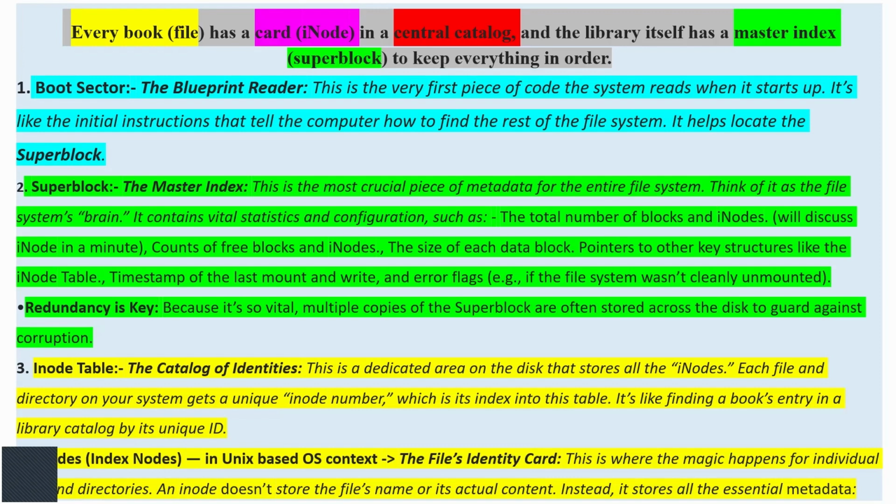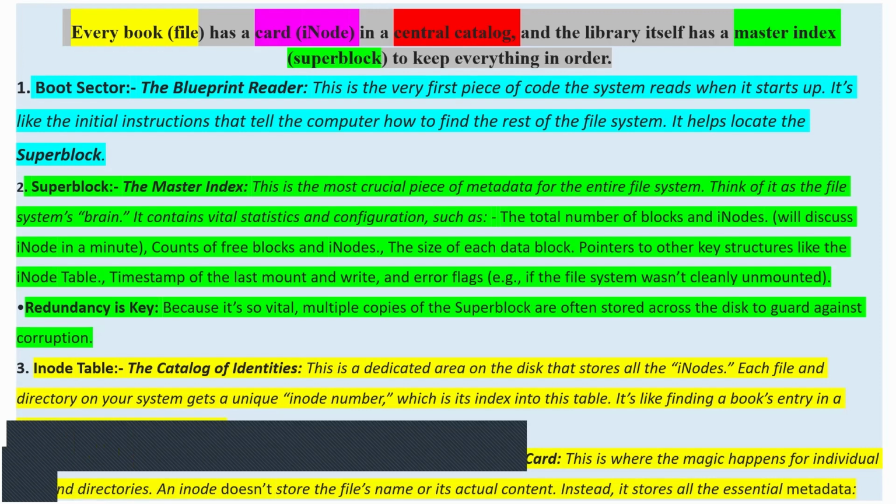Then after that we have a super block. The super block is a master index, right? The boot sector is a blueprint reader, the super block is a master index, and this is the most crucial piece of metadata for the entire file system. Think of it as the file system's brain.